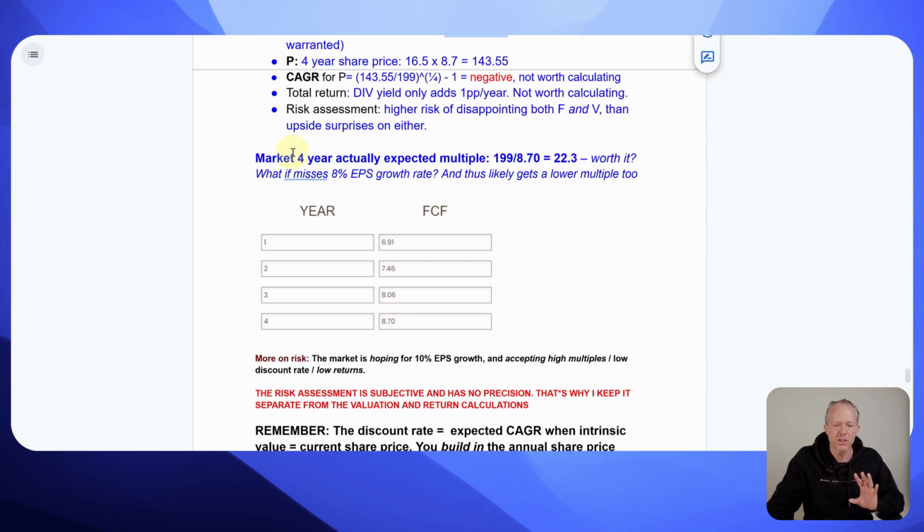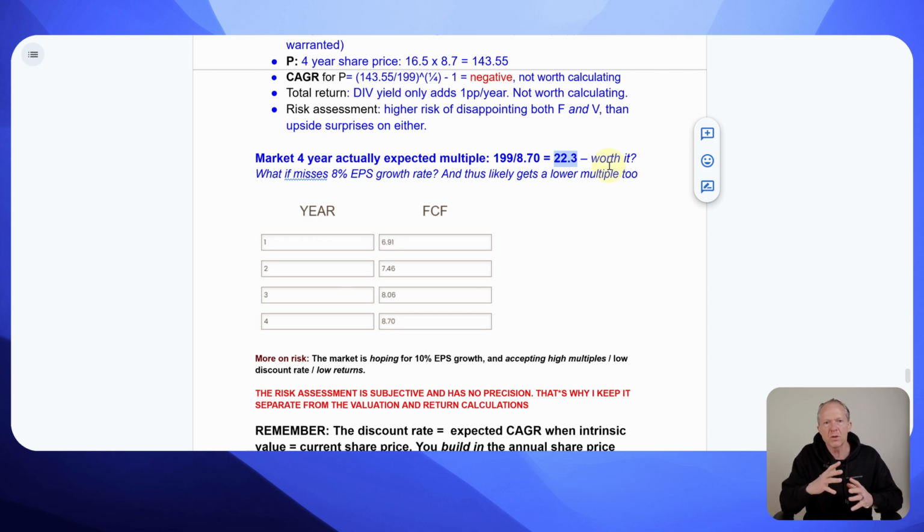If you wanted to calculate what the actually expected future multiple is, we simply take today's share price and divide it by the future EPS, and we can see that it comes to a 22.3 times multiple. Today's share price over the 4-year future EPS.